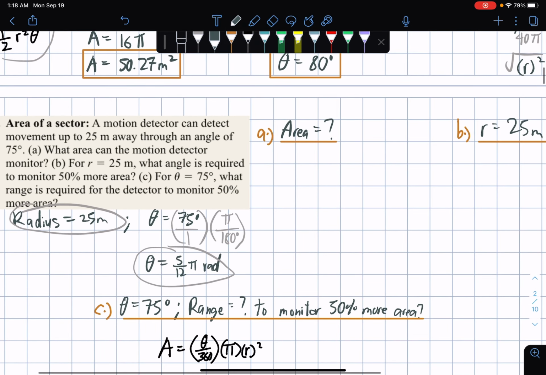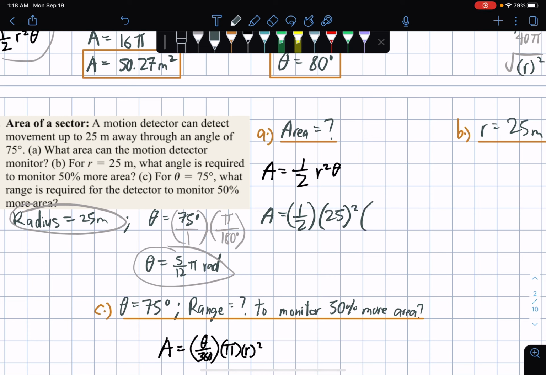Right, so for the area, the formula is A is equal to 1/2 r raised to 2 times theta, wherein the area is actually missing. 1/2 times r raised to 2, which is 25 raised to 2, times 5 over 12 pi.